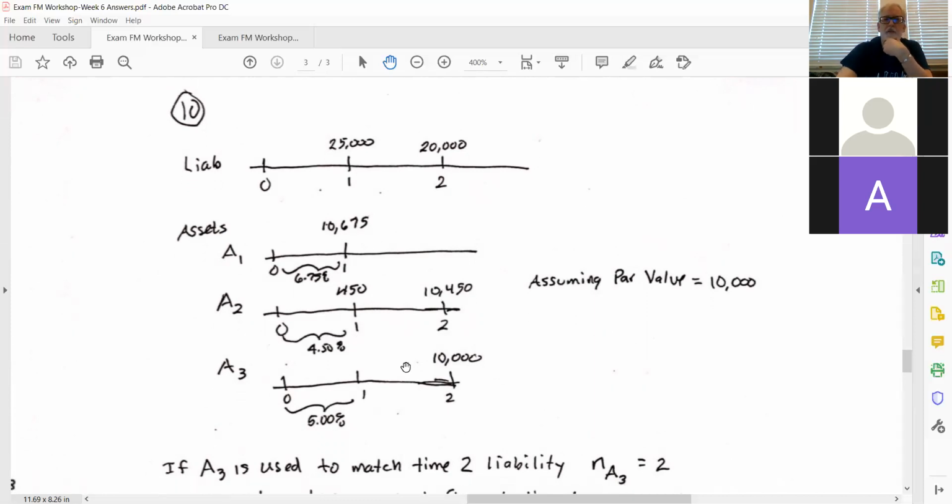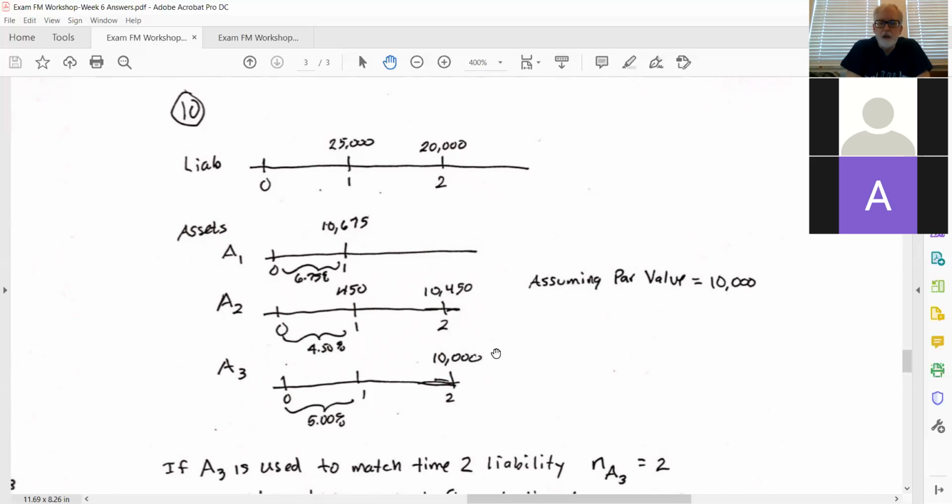Bond 3 is a 2-year 0 coupon bond that has a yield of 5%. And again, since I'm assuming a par value of 10,000 for each one of them, it's just going to have a payment of 10,000.